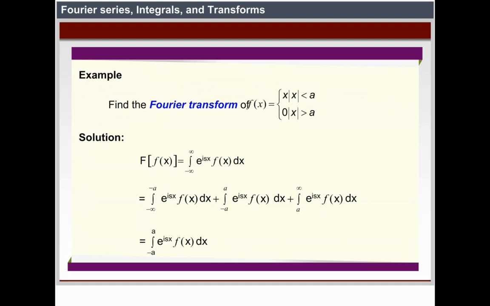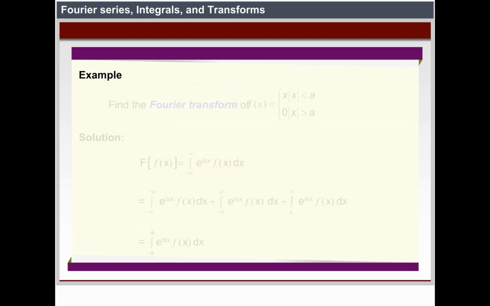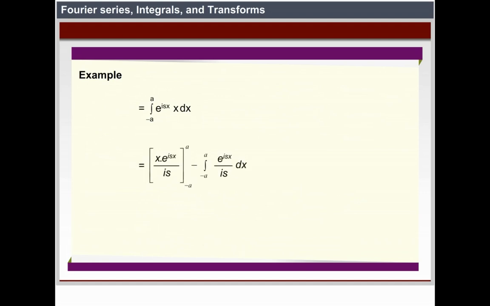Only the middle part remains: integral minus a to a e power isx into x dx, which equals x into e power isx by is with limit minus a to a, minus integral minus a to a e power isx by is dx, which equals x into e power isx by is with limit minus a to a, minus e power isx by is the whole square with limit minus a to a.